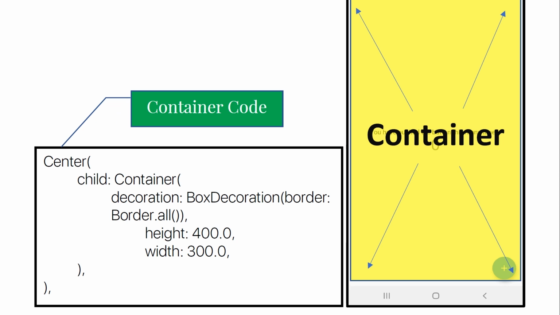And we can see the decoration and other properties for this container. So we start by adding a child and the container, and we take the attributes and we put or specify them. So let's go back to Android Studio and see how they will work.